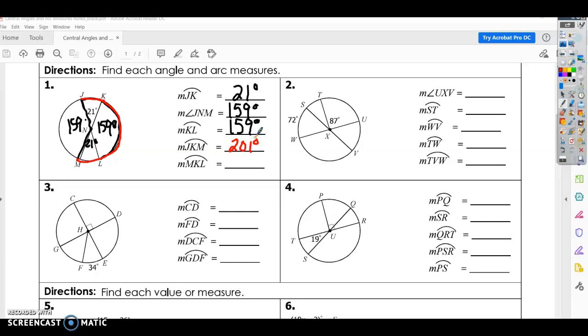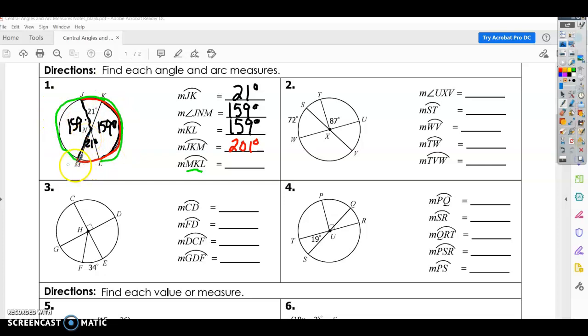And then the last one says the measure of arc MKL. You go in the order that it shows right here: M, then K, then L. Basically we got the whole circle minus the 21.